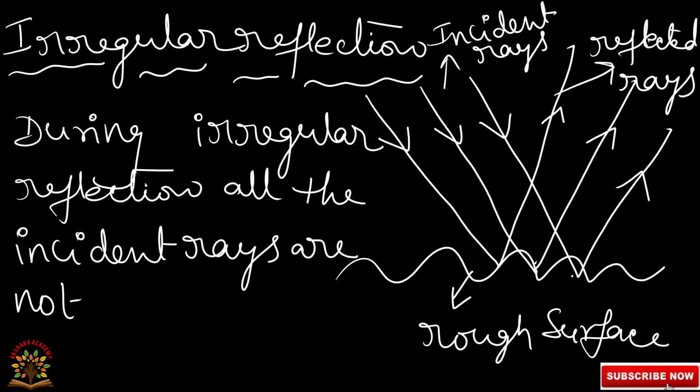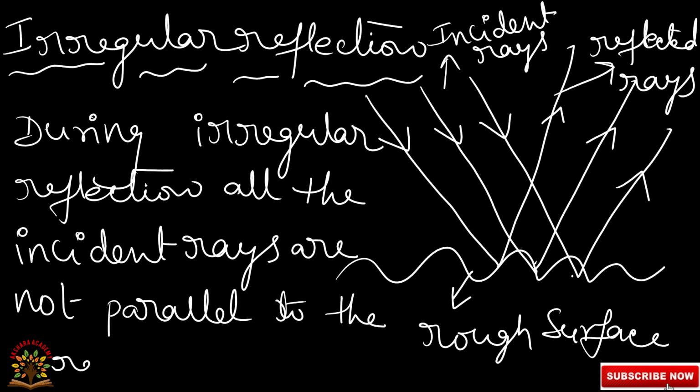In irregular reflection, incident rays are not parallel after reflection. During irregular reflection, all the incident rays are not parallel to the reflected rays. Or we can write, during irregular reflection, all the incident rays are not parallel after reflection. Okay.